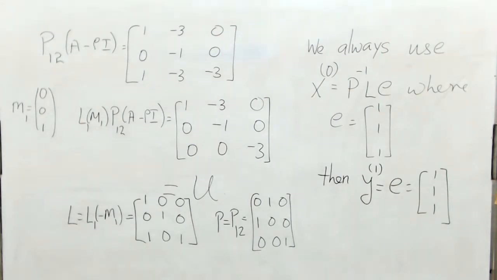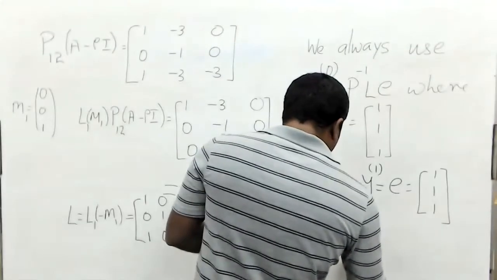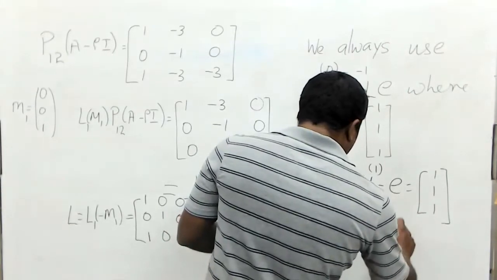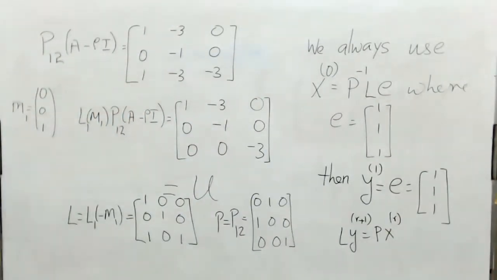So by using this, you know this is the formula, and so you have L times y r plus 1 is equal to P x r. So if you put x naught is this, you know y1 is equal to P inverse L E. So eventually y1 is equal to this.